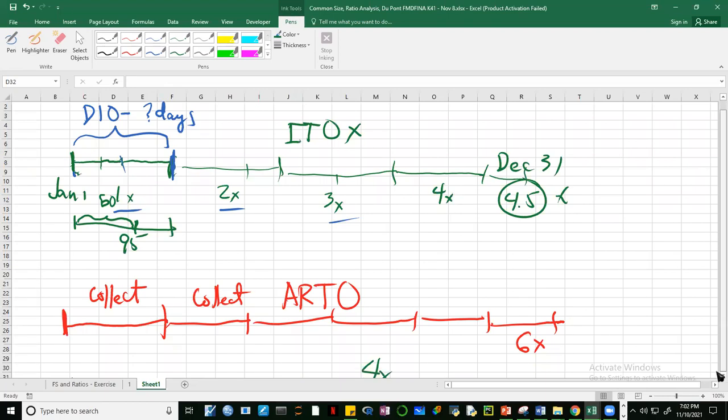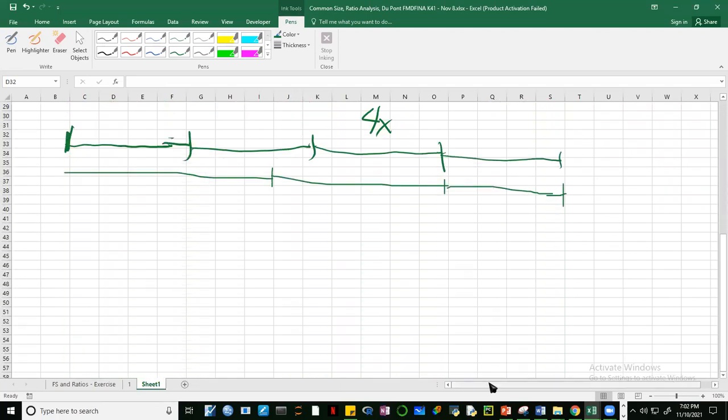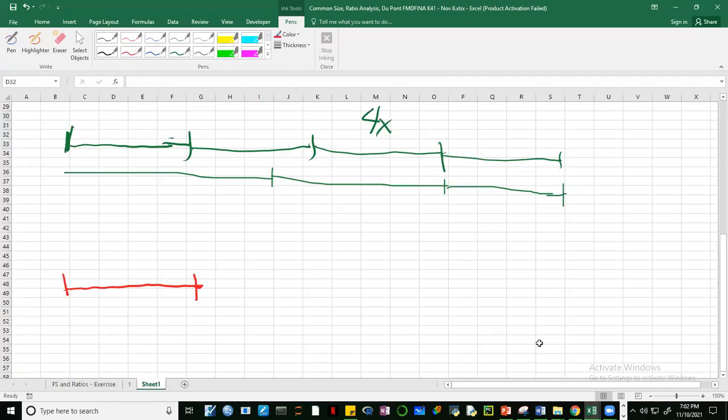So, let's plot that again. From buying the raw materials, converting to finished goods, and then selling it, how many days, guys? That's your days inventory outstanding, 95 days.